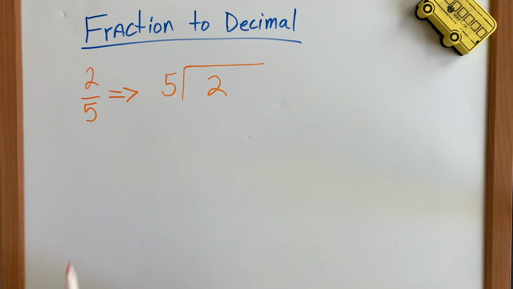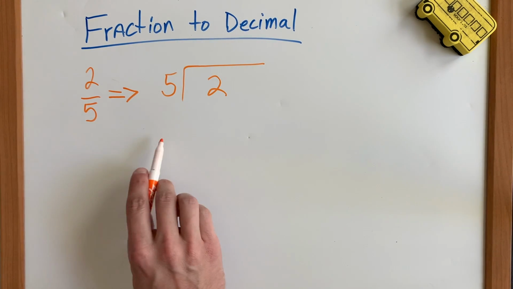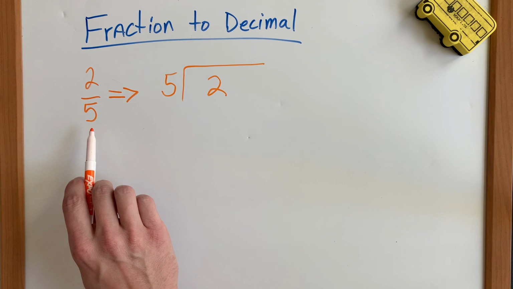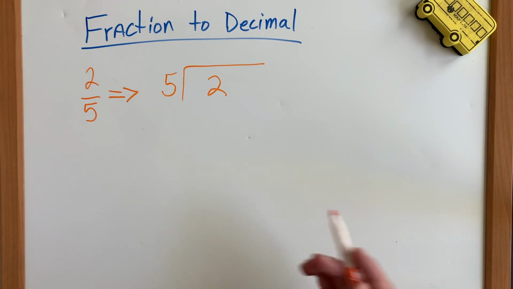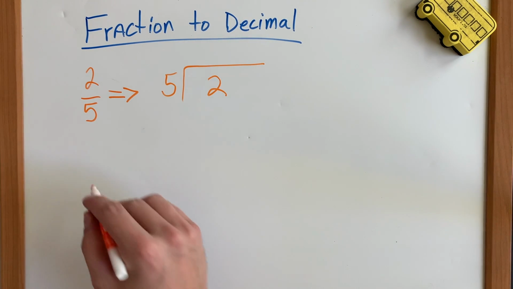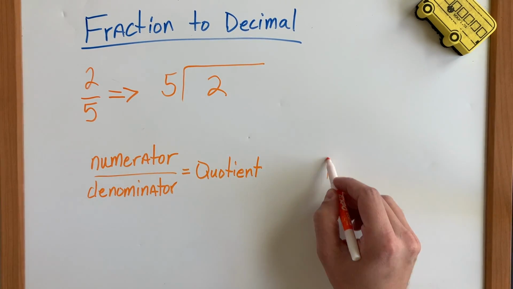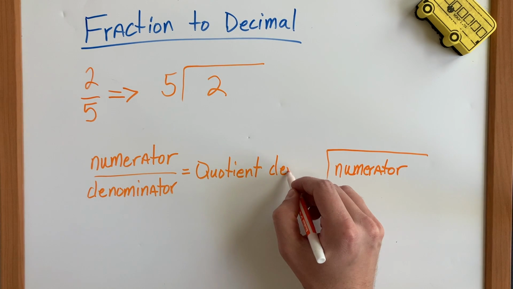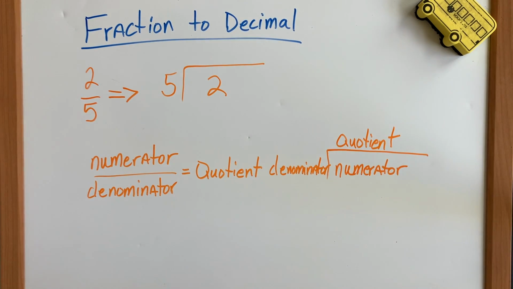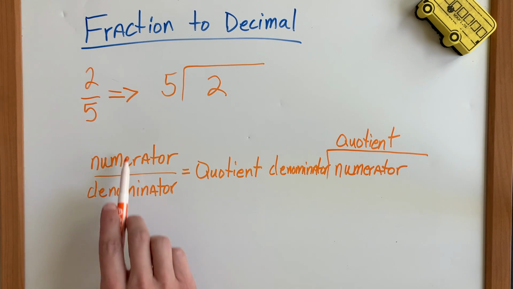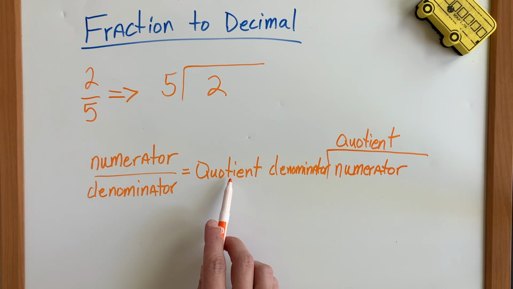2 divided by 5. If it's helpful, I'm going to write out the parts of a fraction and long division labeled so that you can see. As you can see, in a fraction, you have a numerator, a denominator, and a quotient.